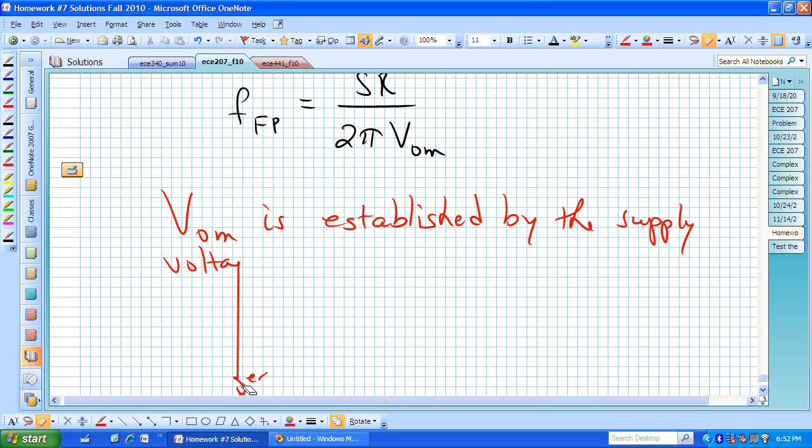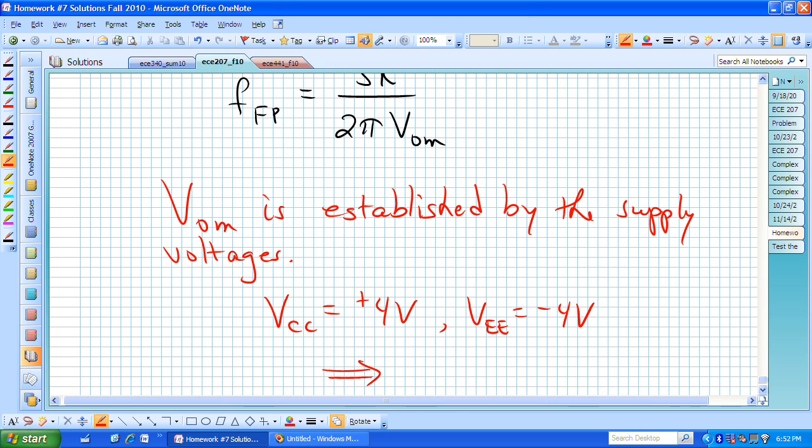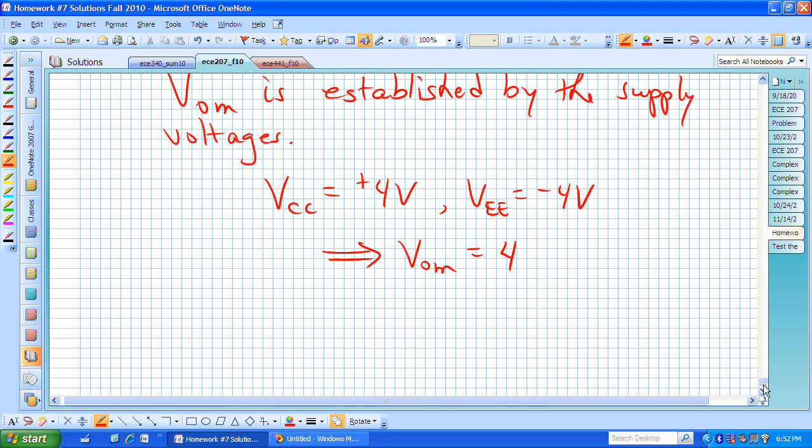And our supply voltages now are the plus and minus 4 volts, where I called the positive V sub CC and the negative I was labeling V sub EE. And those two, because they're symmetric and we're dealing with sinusoidal signals, give us our maximum amplitude in these output sinusoids. The most it can be is 4.